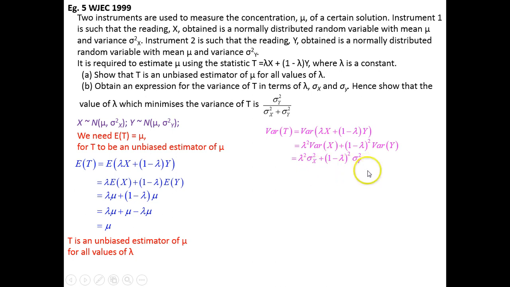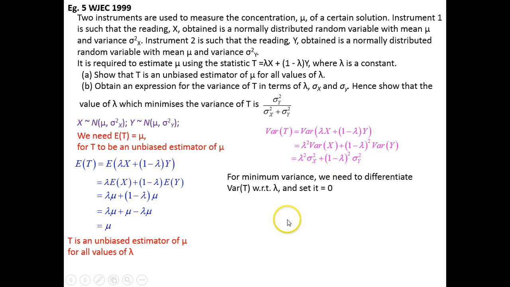Now they are constants. For a minimum variance, we need to differentiate the variance of t with respect to lambda and set it equal to 0. So it's lambda that could show the value of lambda which minimizes the variance. So we need to differentiate the lambdas.